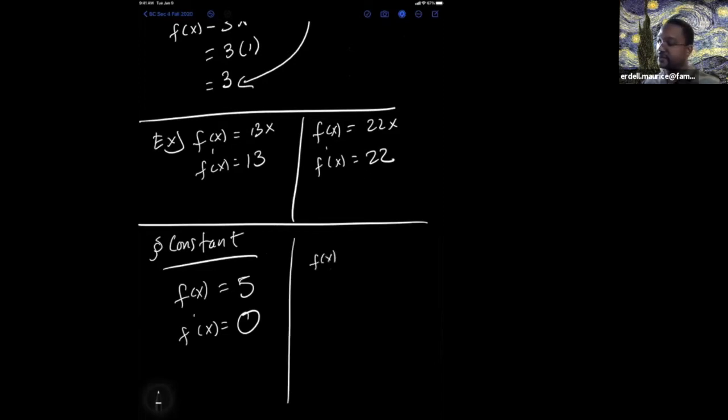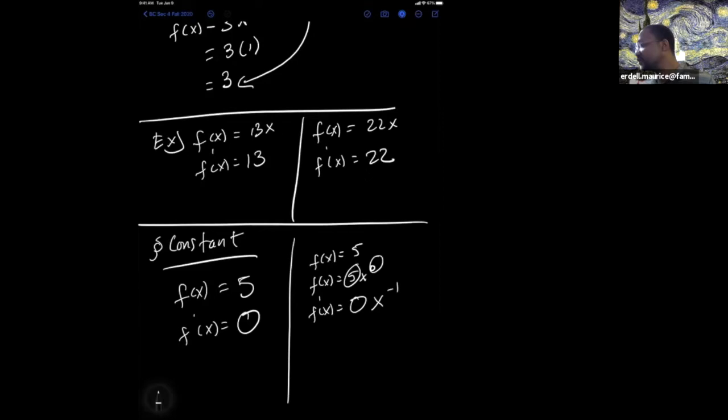F of x equals 5 actually means this: f of x is equal to 5x to the 0 power. Just like we saw in the previous example, because x to the 0 power is 1, yes? Now if I take the derivative of this, f prime, 5 times 0 is 0, x to the negative 1 power.